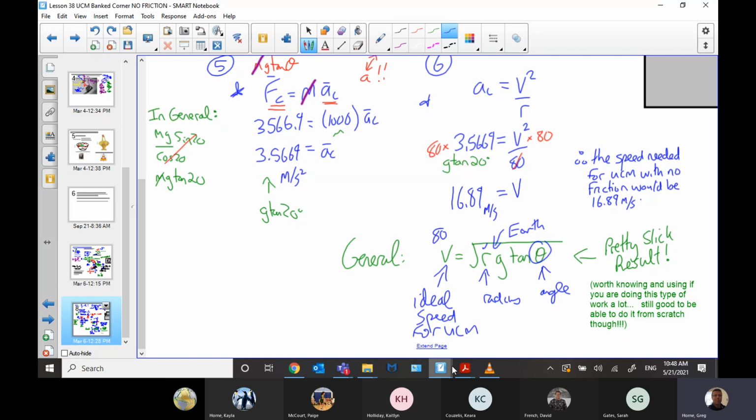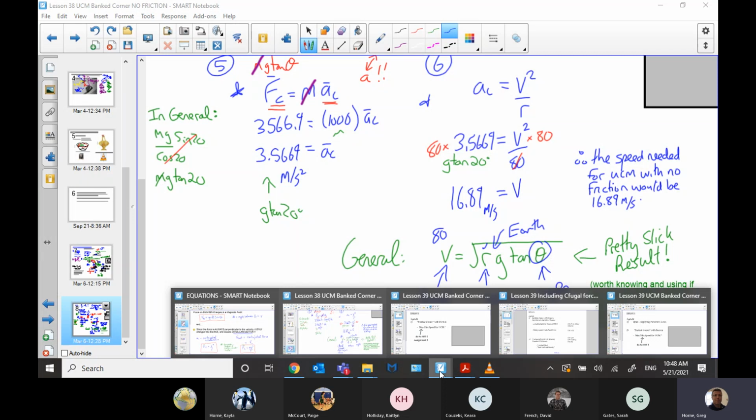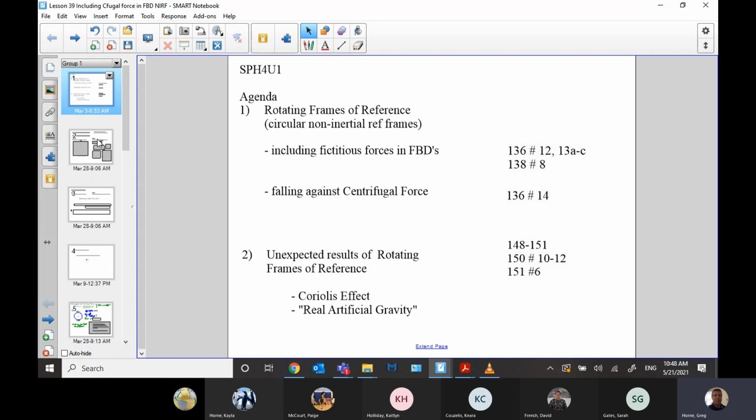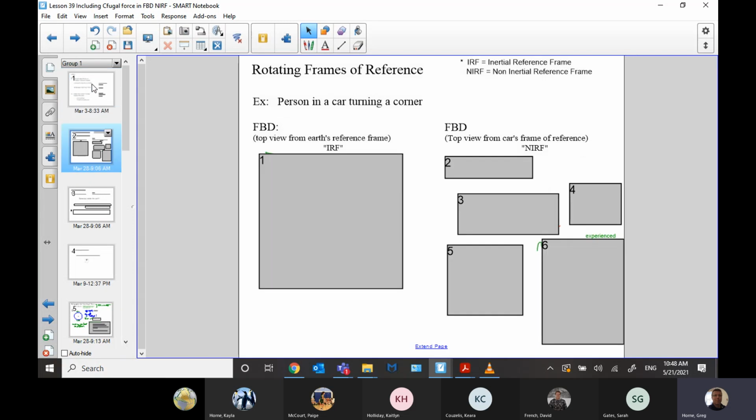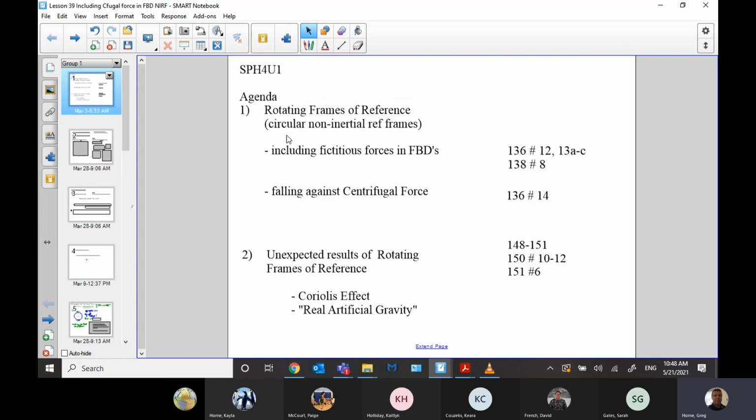Okay, so that is uniform circular motion, no friction, and we're going to look at some cases where basically weird, unexpected results come from circular motion and rotating frames of reference and so on. I have something called the Coriolis Effect, and artificial gravity, real artificial gravity.